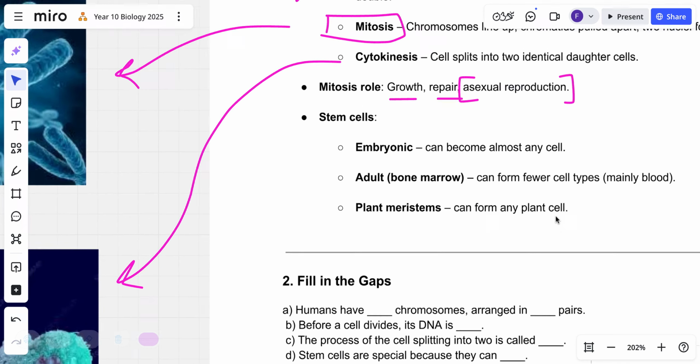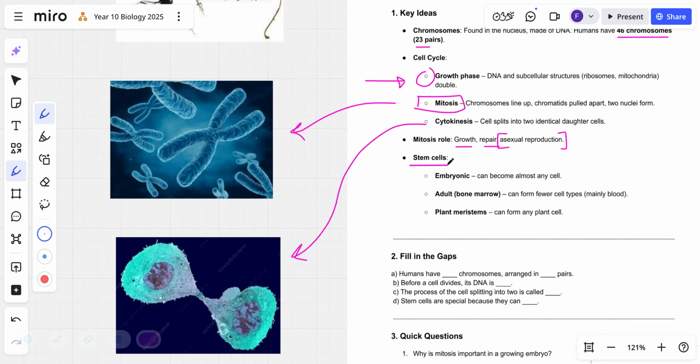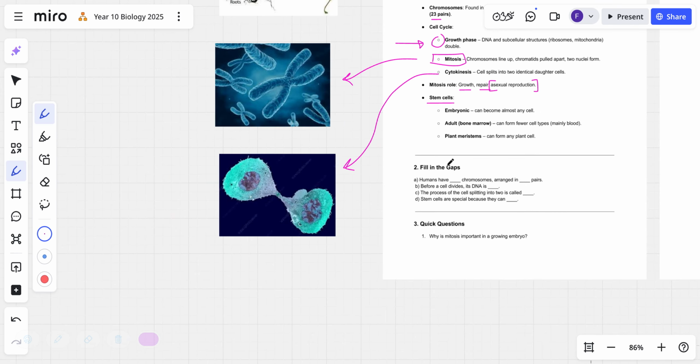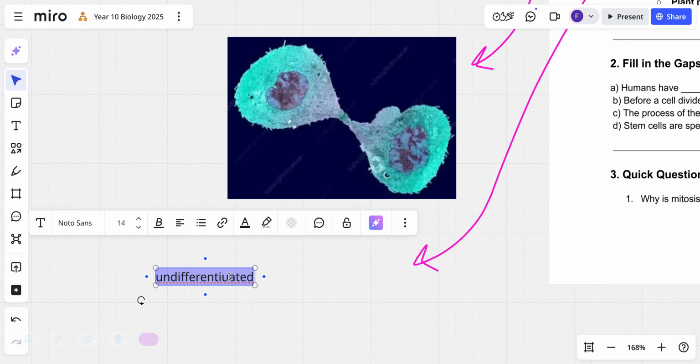Okay. Now, there is a type of cell that is in all of us, and it's called a stem cell. Talking about stem cells, I'm going to use another word here. They are undifferentiated. And I know all this new language sounds really complex to a lot of you, and you just have to get used to it.